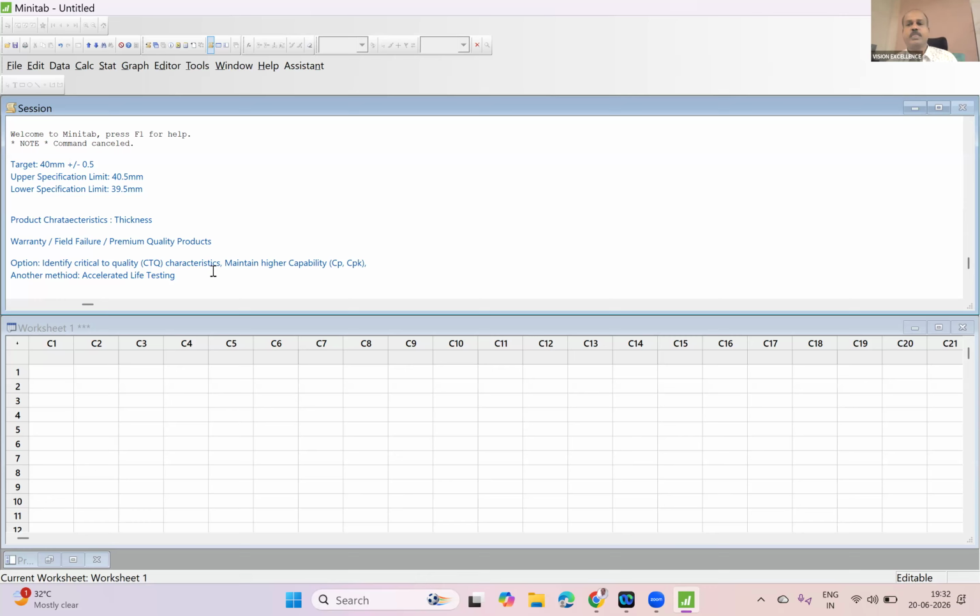Sometimes the OEMs do a durability study, the test, isn't it? They run the engine continuously for several thousand kilometers and check whether a failure happens or not. In a way, if your engine easily passes your durability test, it simply means you already maintained what? A good CPK, isn't it?